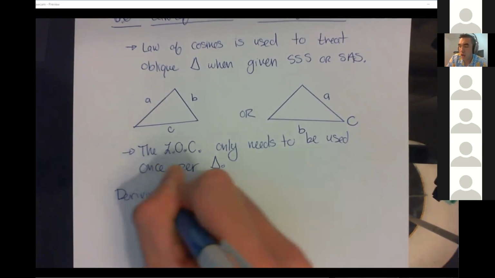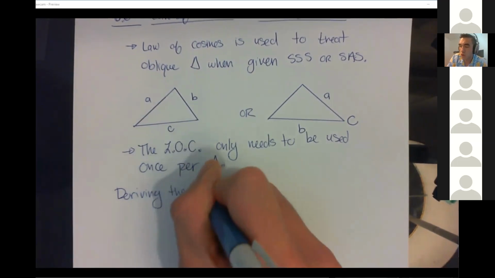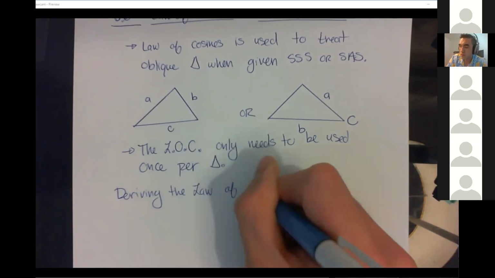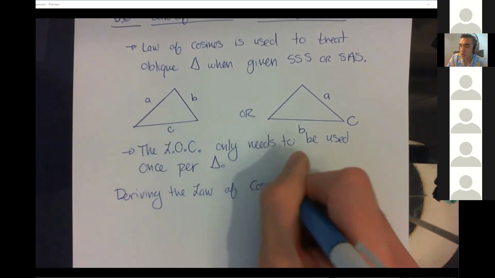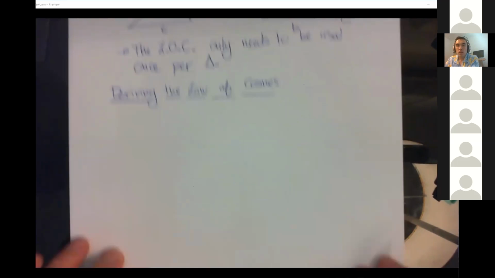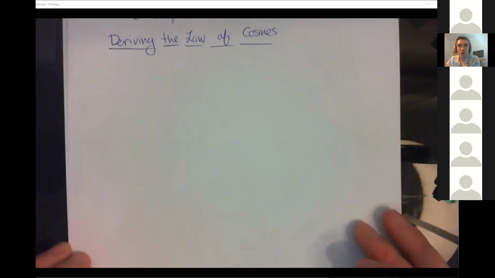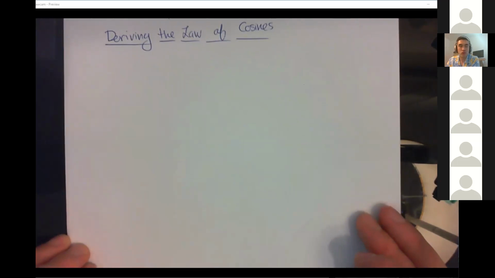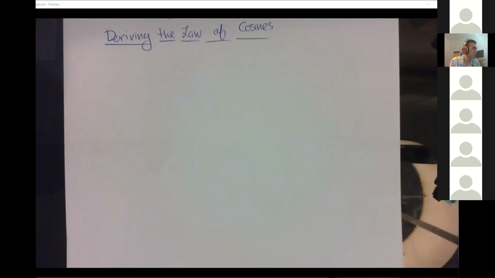Let's go ahead and derive the law of cosines for ourselves to prove that it is actually a valid thing that I can write down. Now, keep in mind, and I will always make this note about derivations for those of y'all who tend to get confused.